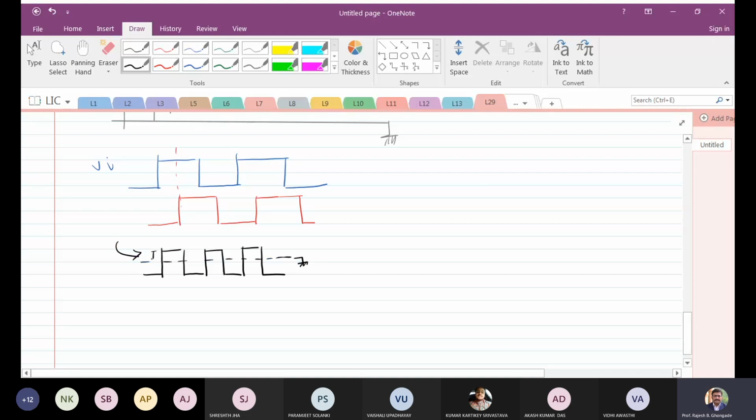If this peak and this peak are same, and this is a binary kind of a signal, what will be the DC value? What is the DC content or DC value? DC content is equal to what? 0.